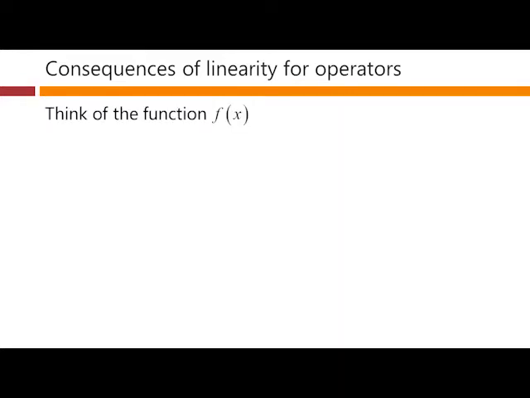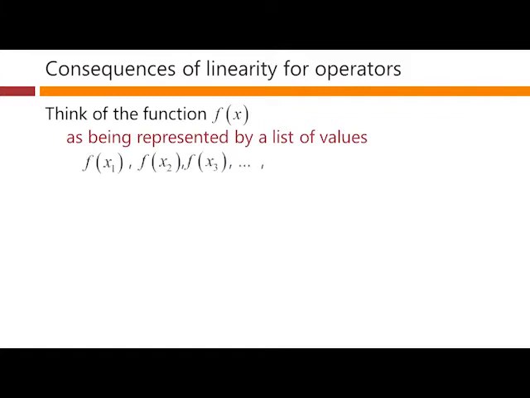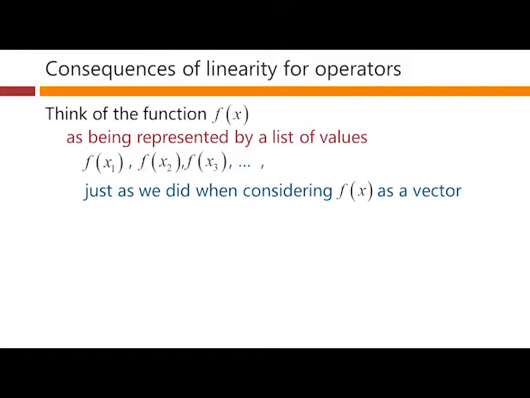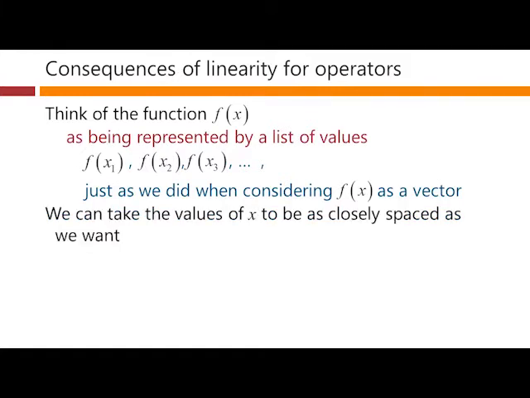Well, let's think of the function f of x, as usual, as being represented by a list of values. So f of x1, the first value of the argument, f of x2, f of x3, and so on, just as we've done before when considering f of x as a vector. We can take these values of x to be as closely spaced as we want.